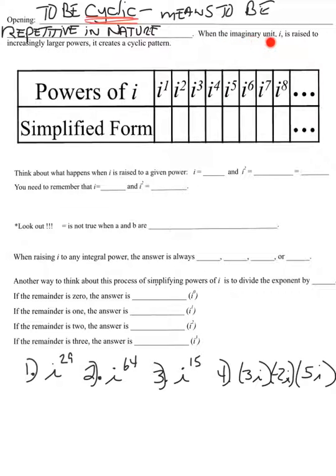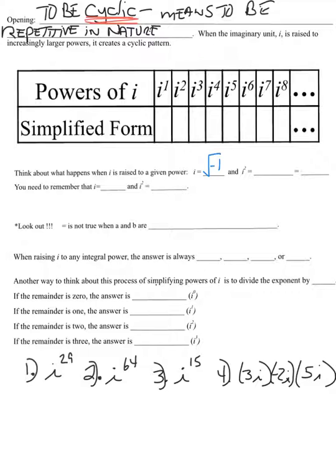So when the imaginary unit i is raised to increasingly large powers, a cyclic pattern is going to arise. You already know that i is basically the square root of -1. So I'm going to put that down here.